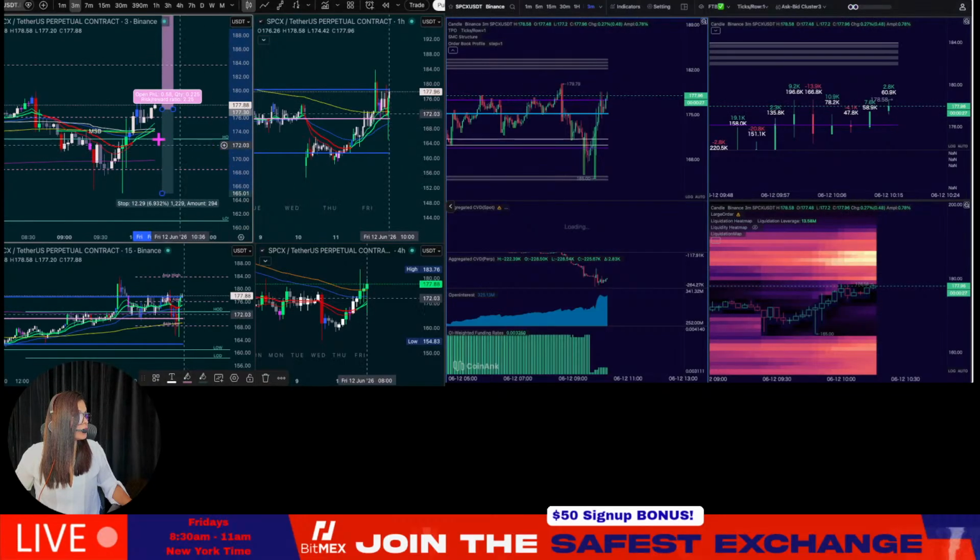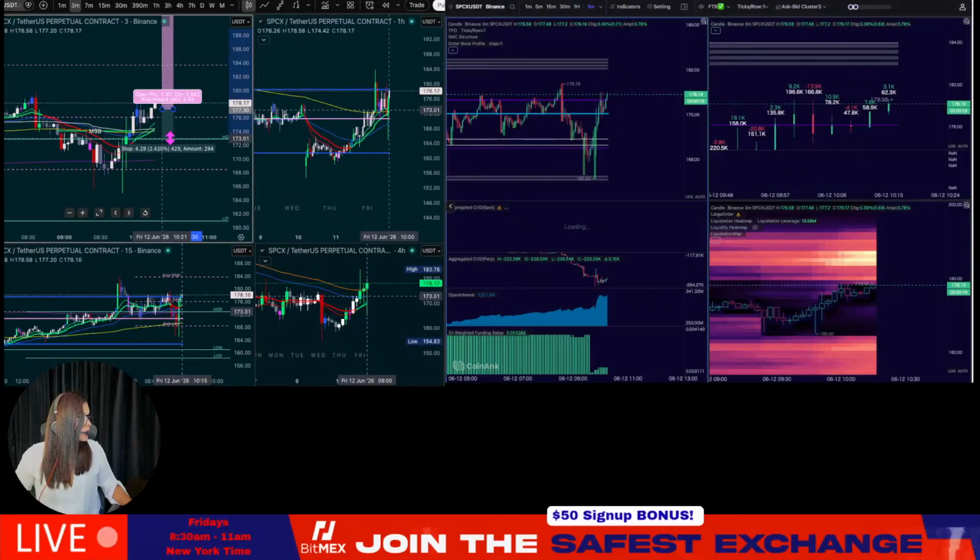Now that I see it, I'm going to move my stop loss to this area over here, right over to this order block. As you can see, I've moved my stop loss to 173.07.